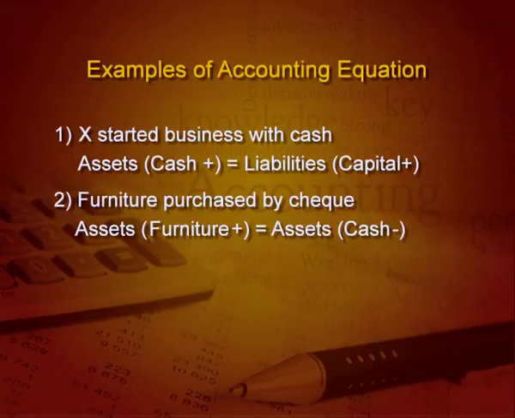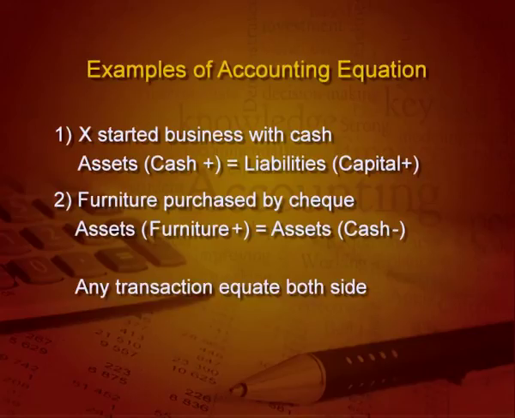The second example, furniture purchased by check. In this case, one asset, furniture, will increase and another asset, bank, will decrease. So, any transaction will equate both sides. Whatever is the entry, it will always equate the equation.